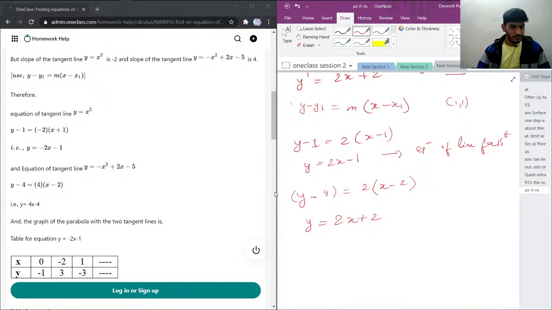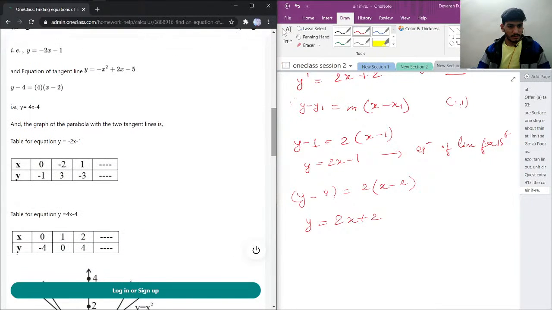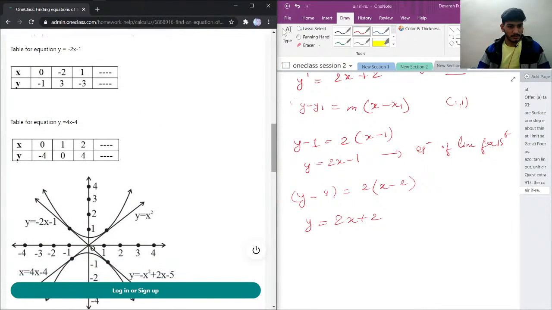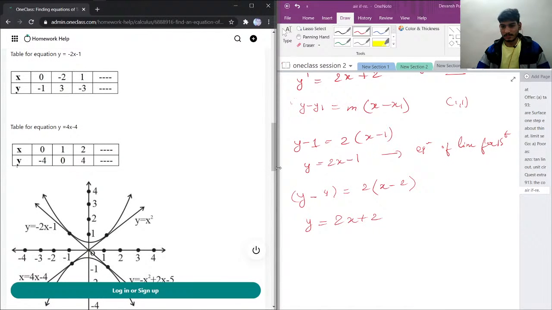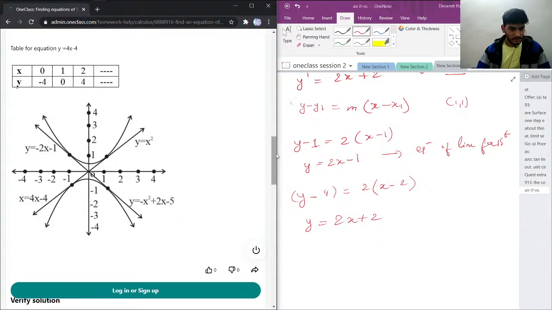And the graph of the parabola with two tangent lines is, so the table for this one and table for the other line. Let me first check the parabola.